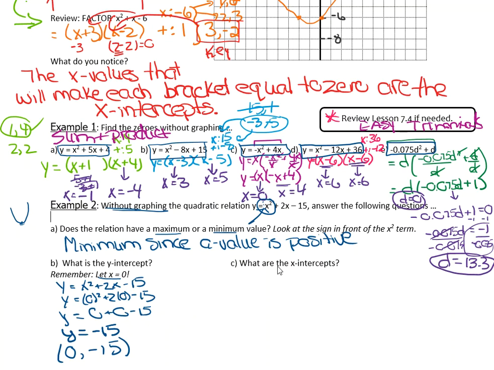Now what are the x-intercepts? Okay, for the x-intercepts, remember what you need to do? You need to factor. So I'm going to write out the question. y equals x squared plus 2x minus 15. Now, what are two numbers that multiply to give me negative 15 and add to give me 2? Think about it. I'm going to write the answer down.